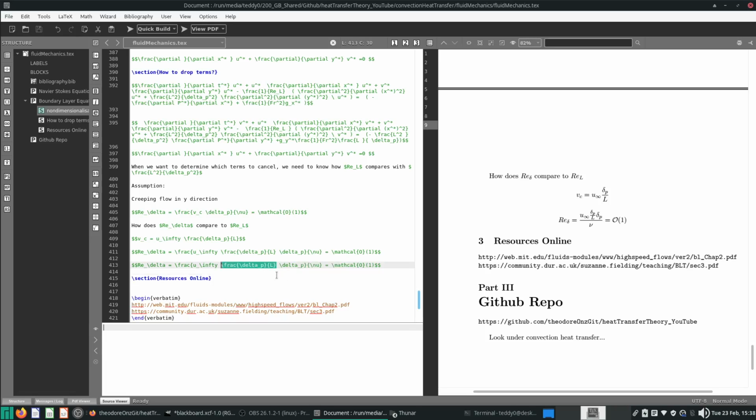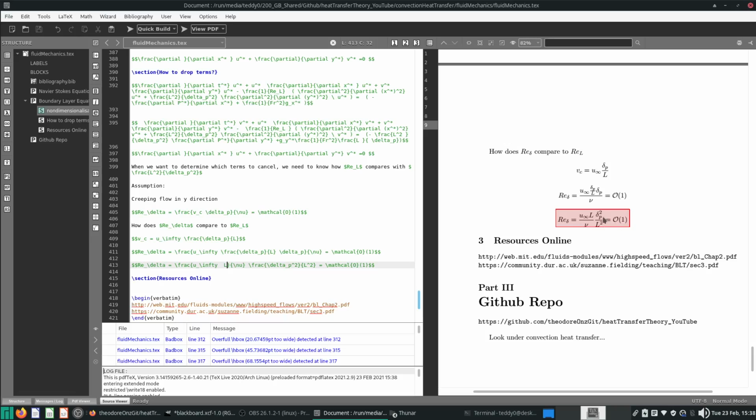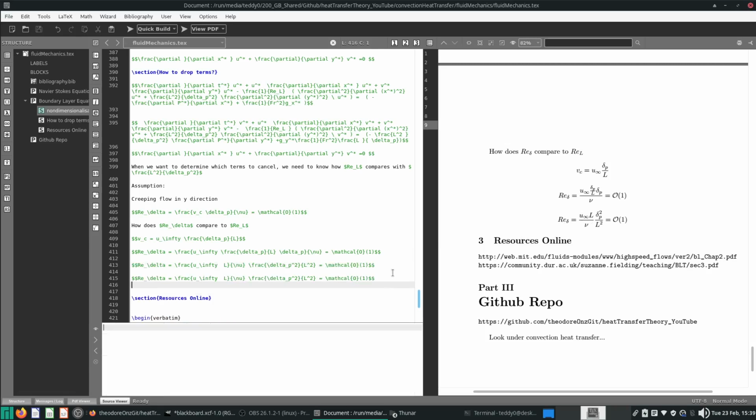What I'm doing is simply getting all the delta p terms out and rearranging the equation. Nothing too much there. I'm getting this delta p and delta p out, this L out. Of course, I'll multiply the top and bottom by L so that we can see this actually becomes nothing but REL, the x direction Reynolds number.